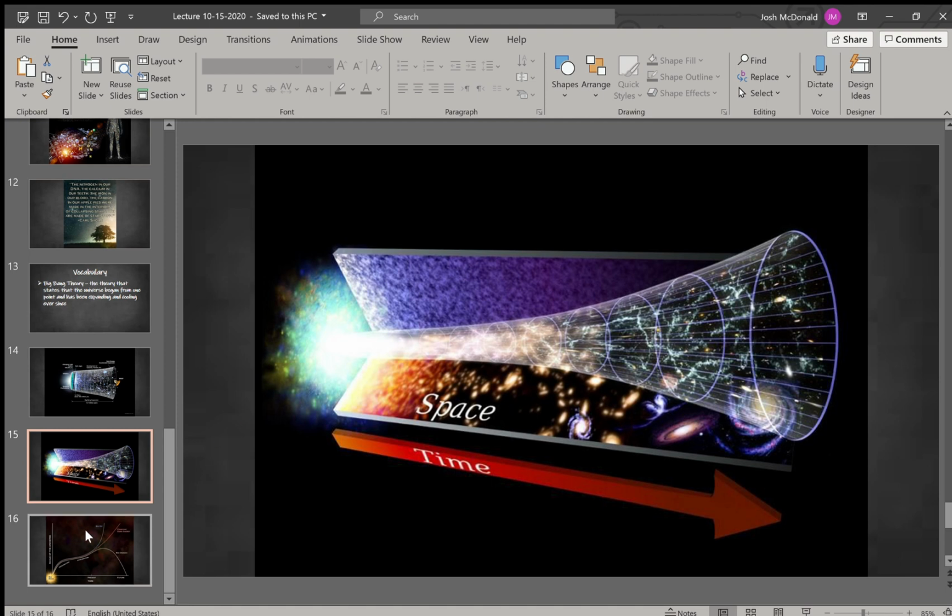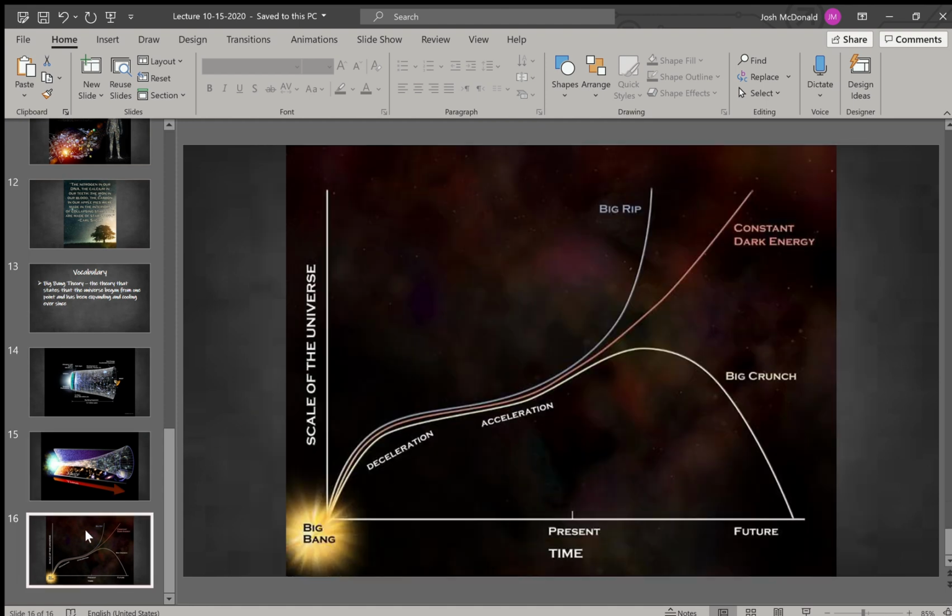So that brings us to the question, where's it all going? There are a few different scenarios in which our universe ends, and that's kind of a dark thought, but that's the way it works. Scientists theorize that it's headed in one of a few places.